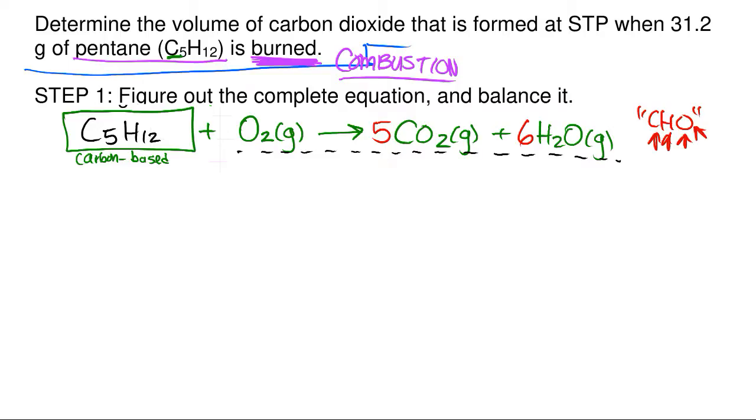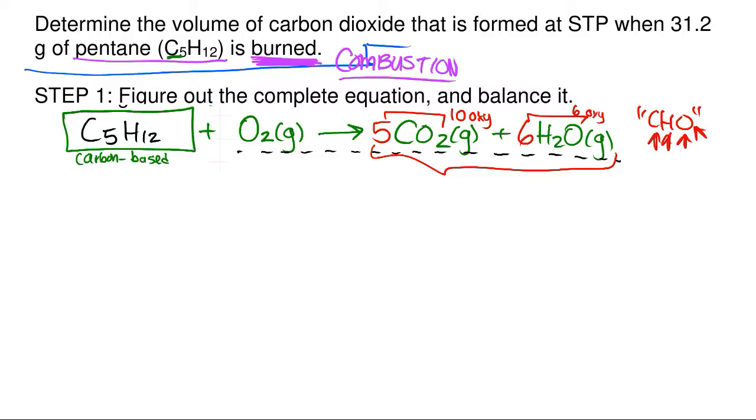So this is where I look at the left, I look at the right, and I count out the total number of oxygens. So the 5 times that 2 gives me 10 oxygens here. And then this 6 times that 1 gives me 6 oxygens.